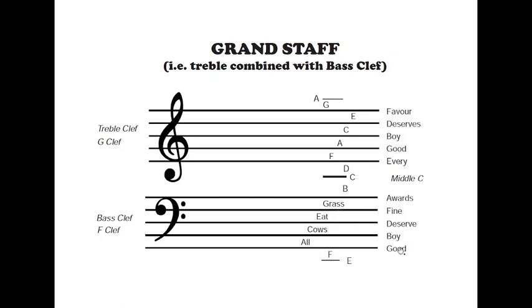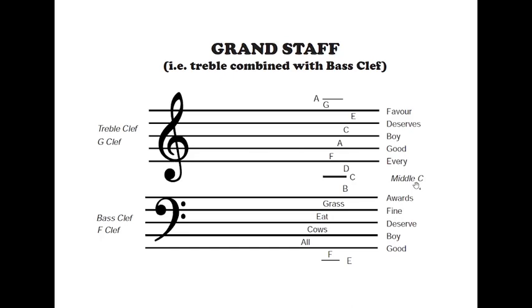When we combine all this, you can see this is G, this is A, this is B, C, D, E, F, G, A. From A in the alphabet, you continue to B. From B, you go to C, which is the middle C. From C, you go to D. From D, you go to E. You have already connected to the treble clef. From E, F, G, A, B, C, D, E, F.